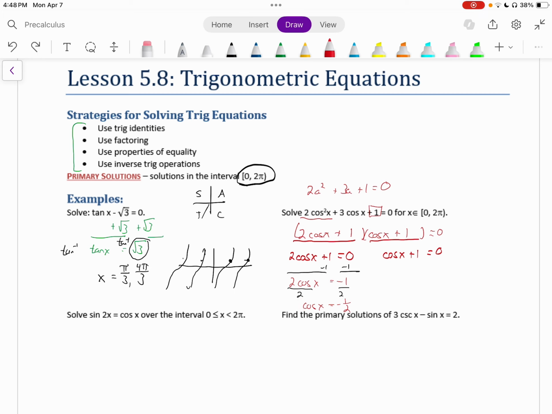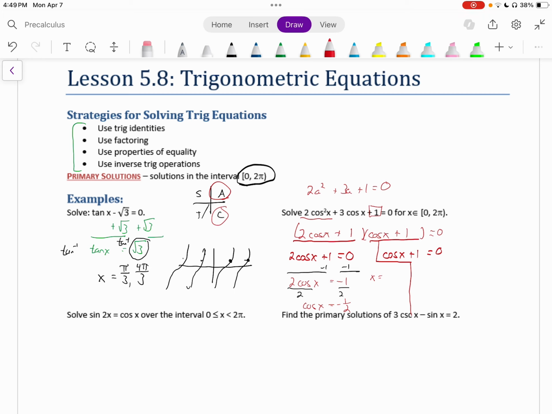When does cosine equal negative 1/2? Again, we could look on our chart. And if we look through and think or know, when does cosine equal negative 1/2? Well, cosine is positive in the fourth quadrant and first quadrant. So in the second quadrant and third quadrant, it's negative, and cosine equals 1/2 at pi over 3.